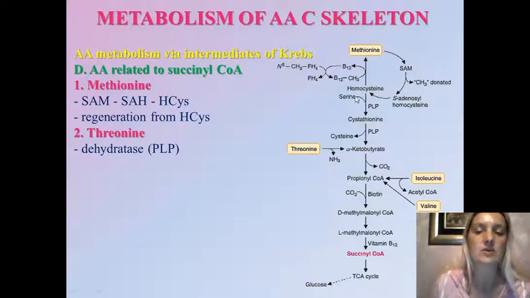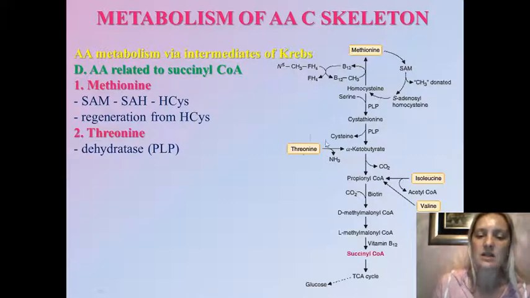Homocysteine then undergoes a now very well-known reaction again with serine to form cystathionine, and cystathionine is hydrolyzed to cysteine and alpha-ketobutyrate. Homocysteine can be used for regeneration of methionine in a reaction that requires the presence of both vitamin B12 and FH4 coenzyme. Threonine is degraded by one dehydratase reaction requiring pyridoxal phosphate followed by deamination to alpha-ketobutyrate.